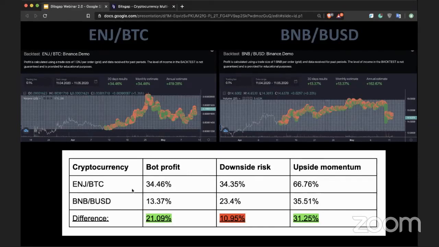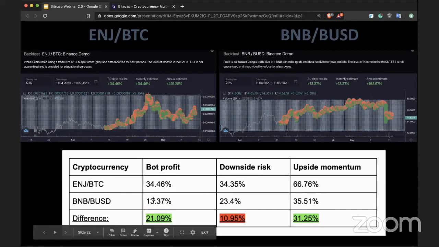So if we take the bot profit and divide it by the downside risk, that means for NG, 34 divided by 34 would be 1. So that's a 1-to-1 ratio. So basically for 1% of the profit, you have 1% risk.